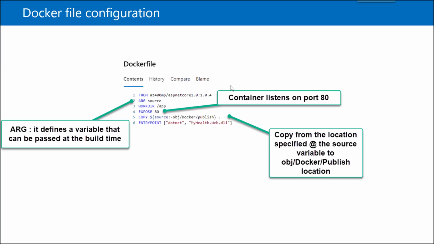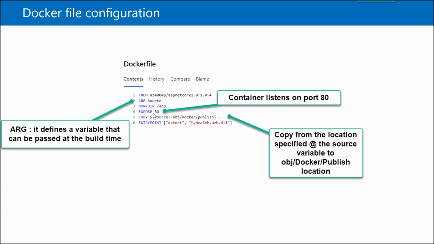So let's understand the Docker file configuration. This is the file responsible for building this solution, and we are getting this standard Microsoft image from Docker Hub. FROM means it is getting this image, and ARG is defining a variable which can be passed at build time, and it is using the working directory /app.